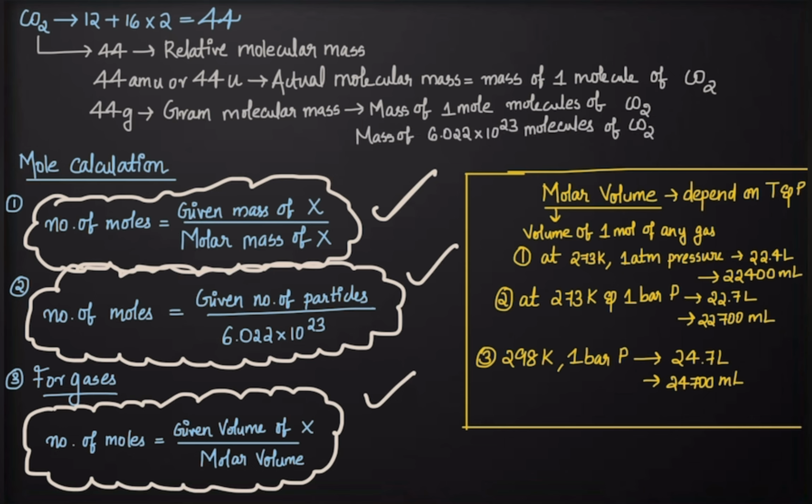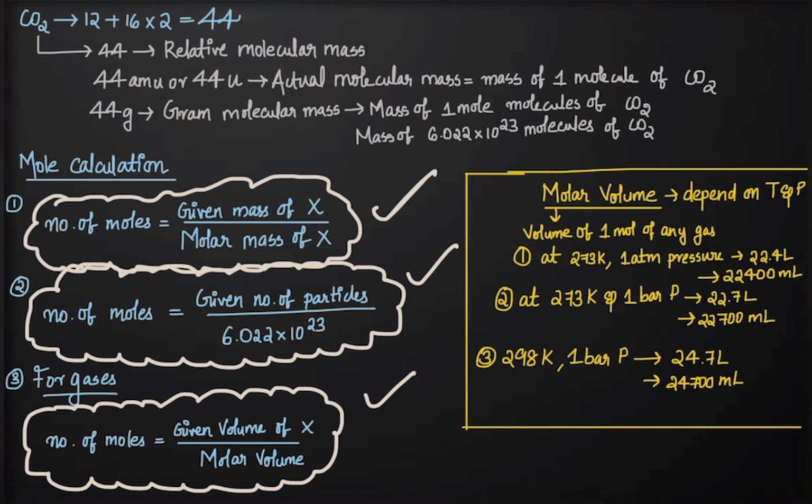Okay, relative molecular mass means simply mass number. Actual molecular mass, that is the mass of one molecule of carbon dioxide, is 44 AMU or 44 U. 44 gram is the gram molecular mass, or the mass of one mole of molecules. 1 mole of molecules is 44 gram, 1 molecule is 44 AMU or 44 U. Okay, mole calculation.